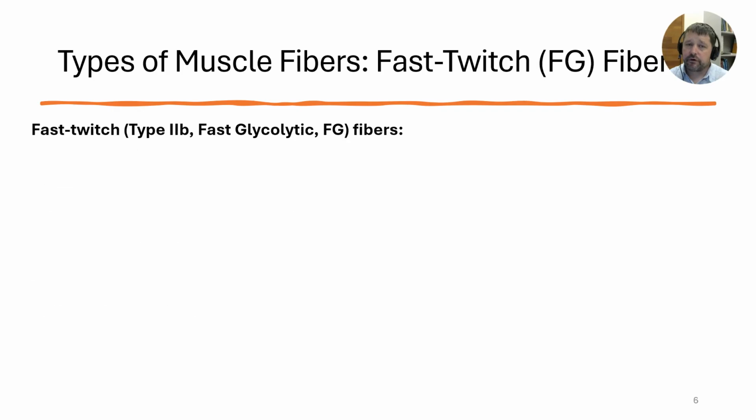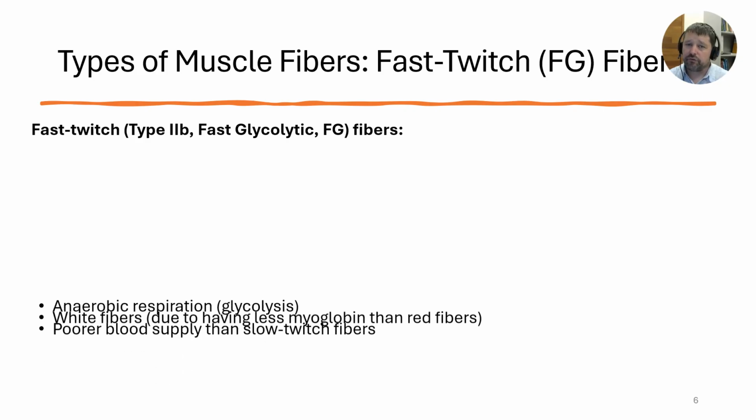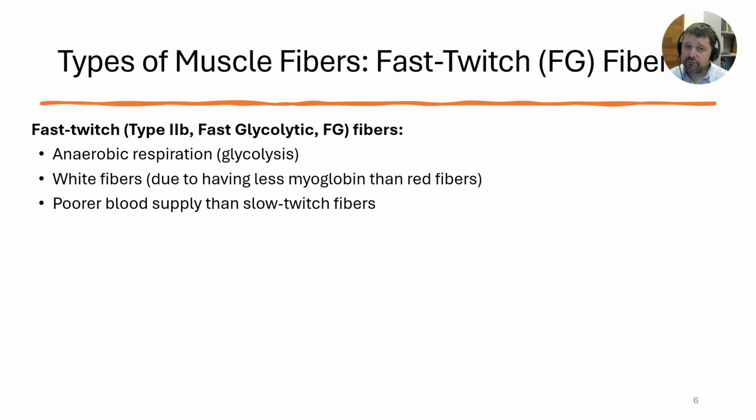Okay? Versus a fast twitch muscle, like a type 2, normally a type 2B, fast glycolytic muscles, they only do glycolysis. Okay, so not oxygen. Because there's no oxygen relation, there's no need for myoglobin, there's no need for mitochondria, and they have very poor blood supply. Okay.